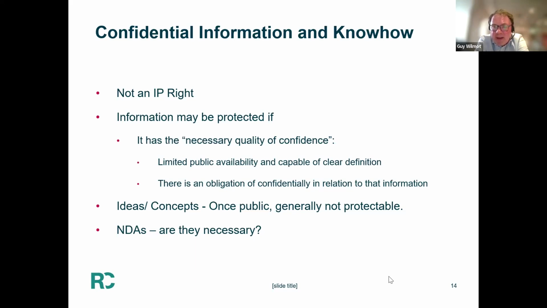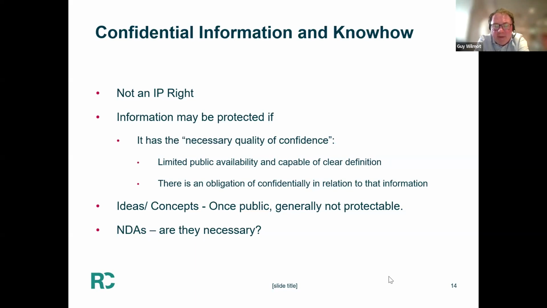That is a typically unhelpful description by a judge as to what confidential information is. There was a bit more helpful guidance given, which is that the information has to have limited public availability. Now, what that means is that it's not just general information in the public domain.